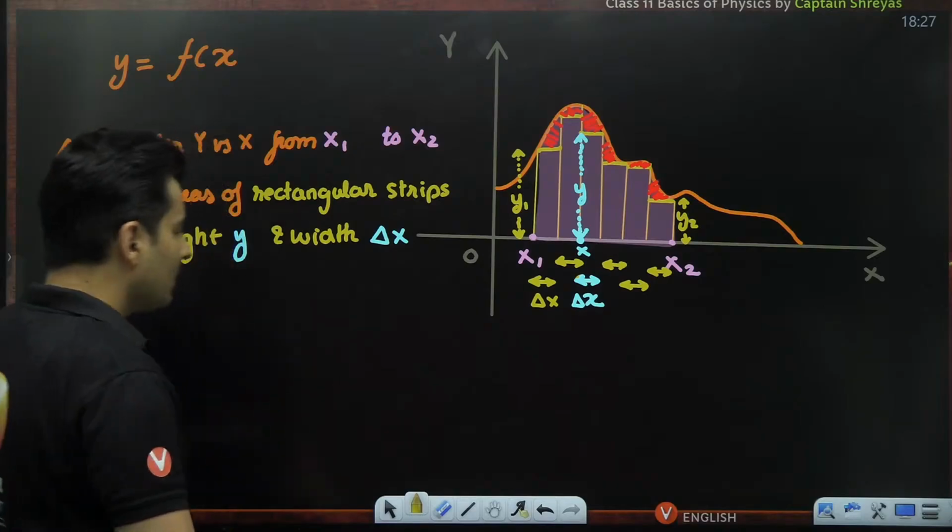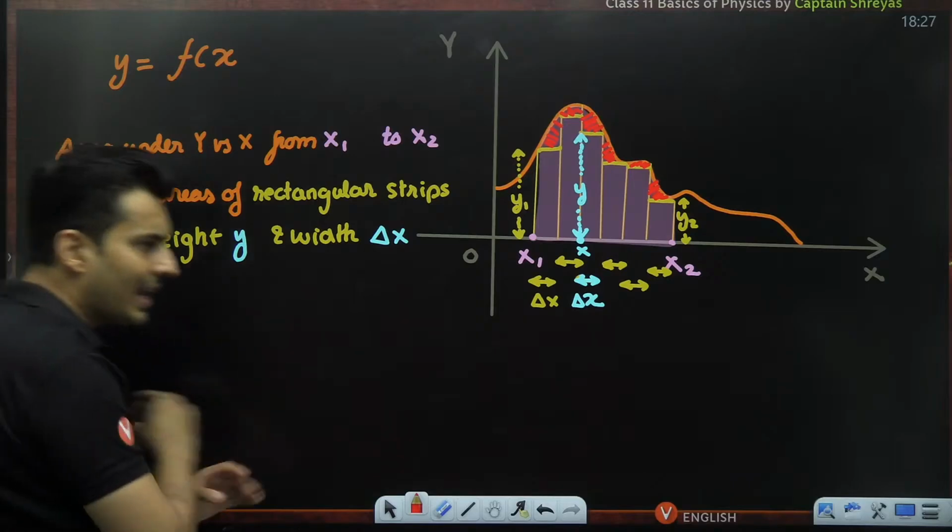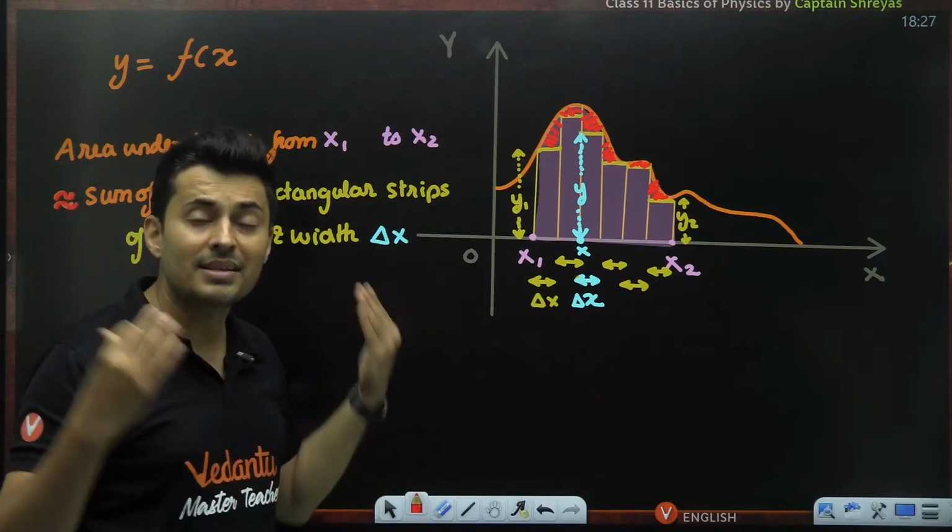So how do I make this approximate into exact? How can I make this exact?